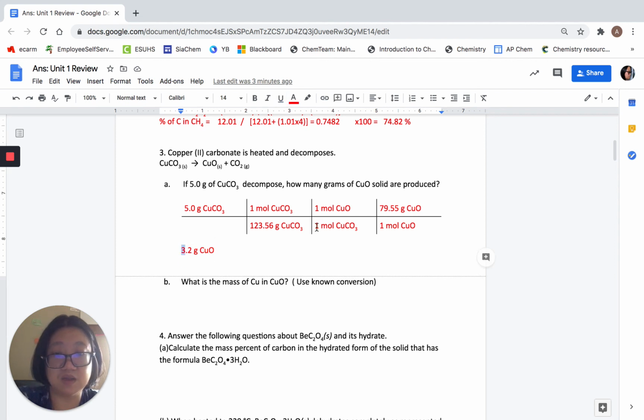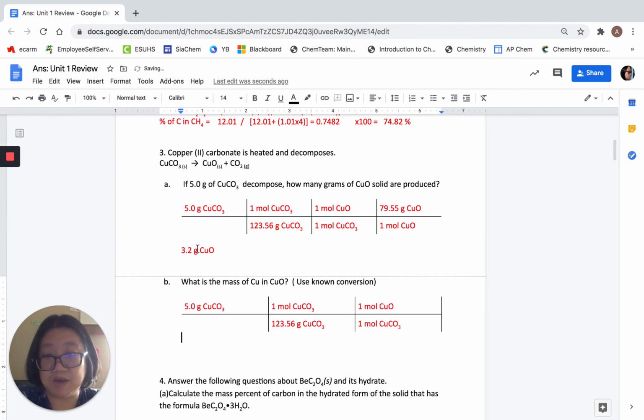So again, we're going to need to get a little bit of this first. I'm just going to copy it up so that we're not rewriting the table part. So we're going to use this one. But in this case, we do have a known conversion that we need to convert to.